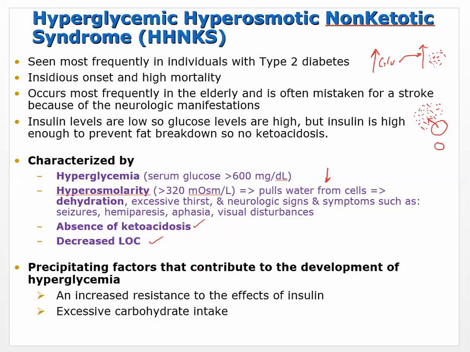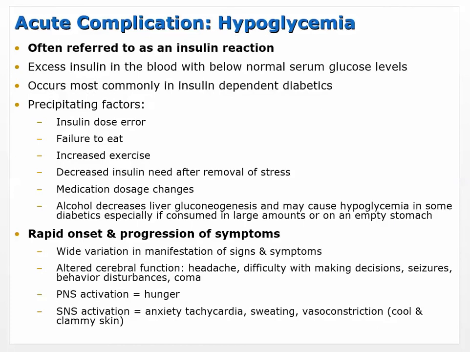That's what LOC means. So precipitating factors that contribute to the development of hyperglycemia: increased resistance to the effects of insulin. Okay, makes sense. Blood glucose levels higher. Okay, and excessive carbohydrate intake. Okay, and then there is simply an acute complication, hypoglycemia.